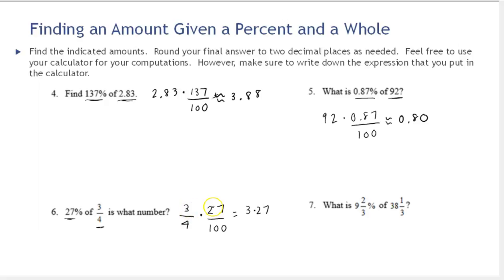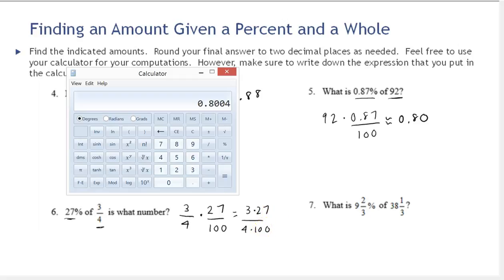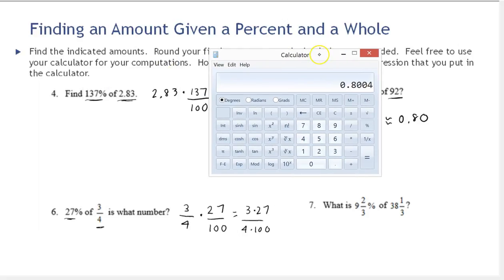So this is 3 times 27 over 4 times 100. Now if I put this in the calculator without putting the 4 and the 100 in parentheses, it will divide by 4 but then multiply by 100 when we have the 100 in the denominator and we want to divide by it. So I am just going to use parentheses, okay?